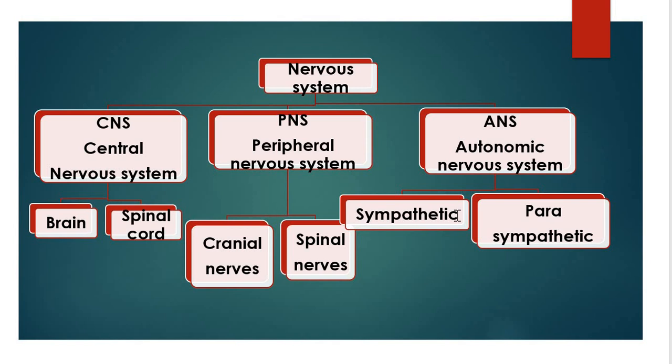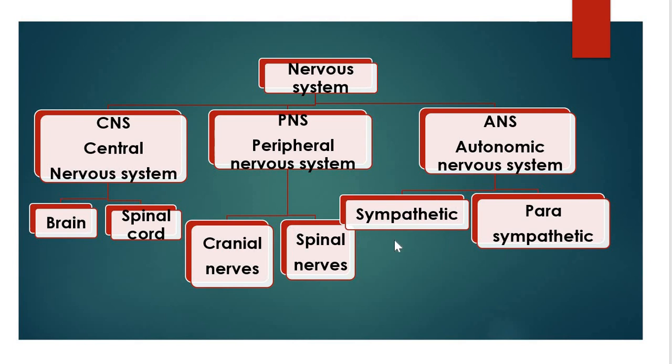The sympathetic nervous system generally prepares us for emergency situations, and the parasympathetic nervous system is antagonistic to the sympathetic nervous system, means the parasympathetic nervous system works against the sympathetic nervous system. Whatever things increase during the sympathetic nervous system will decrease by the parasympathetic nervous system.